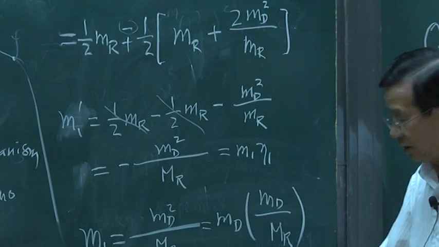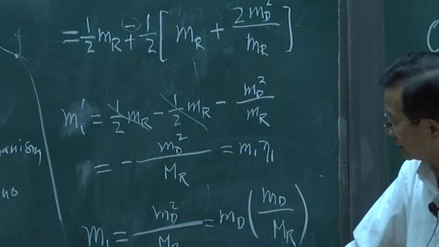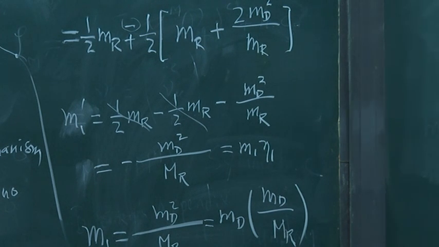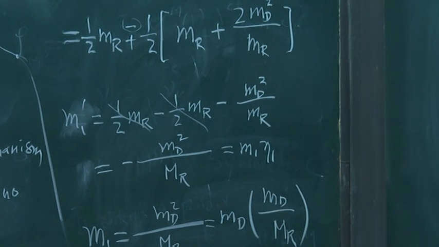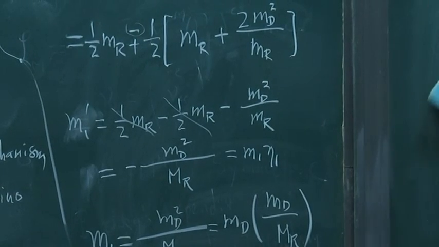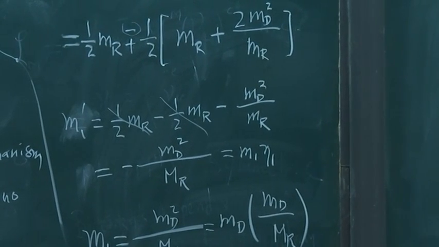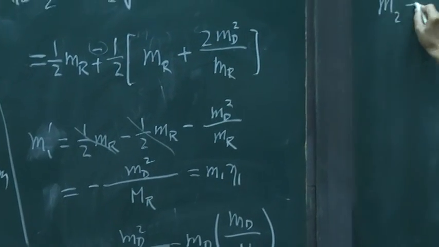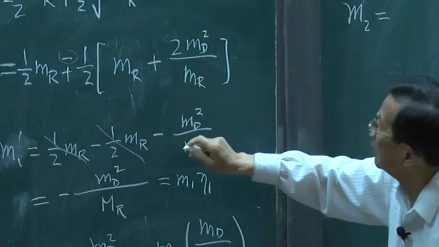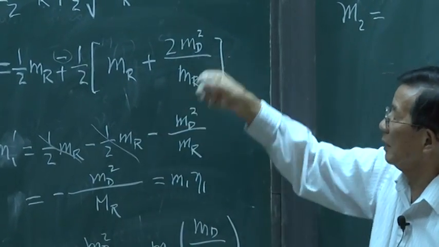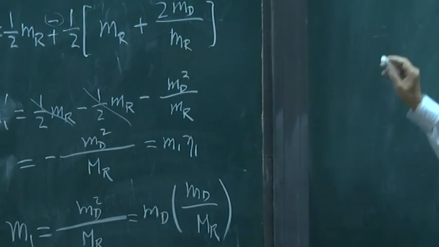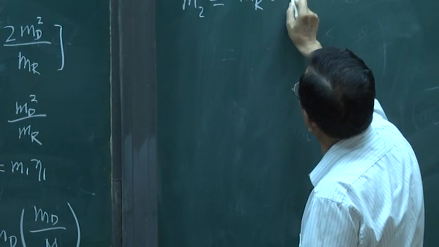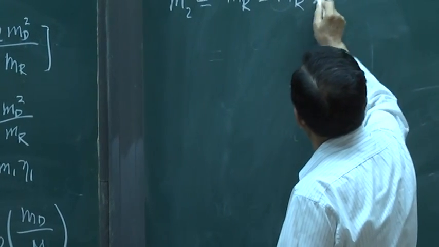So this automatically gives you a very small neutrino mass, okay? And the other one, M2, will be the plus sign, and the MR and MR add up, so MR plus MR, and that's much bigger.